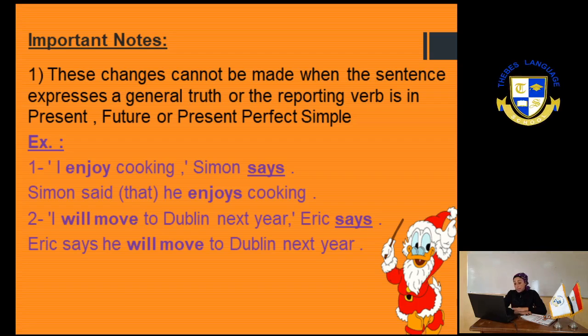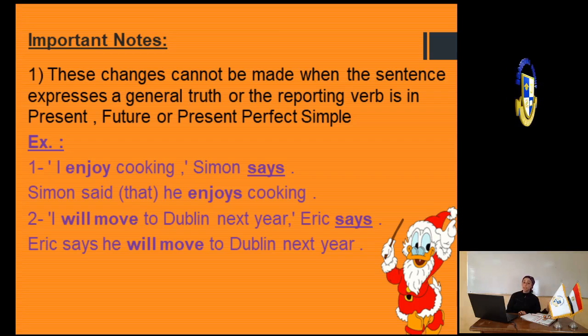So, Simon said that he enjoys cooking. It's something general, it's a habit. Here you have the reporting verb in the original sentence, says. So of course you're going to use the present simple tense in the reported sentence.